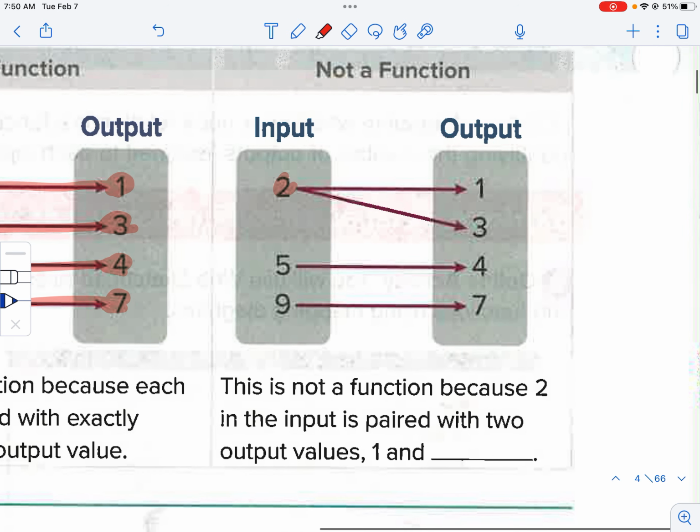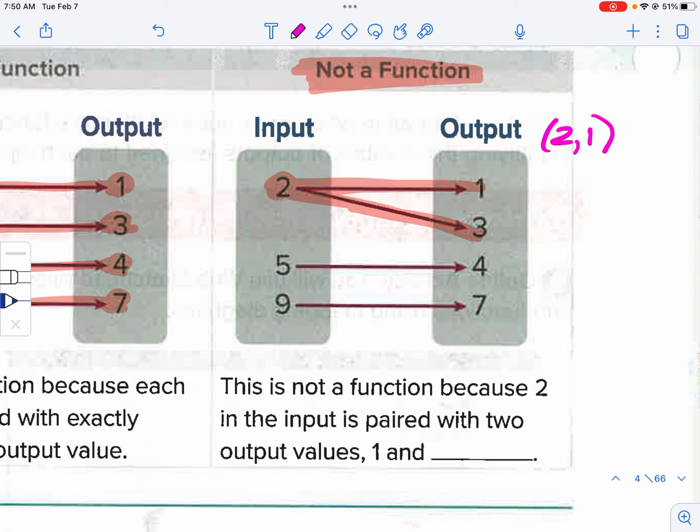Over here, 2 goes to 2 different things. The fact that it does that means it is not a function. The minute that a number that is one of the input values or the x values goes to 2 different outputs, it would not be a function. If I wrote this as an ordered pair, see how that 2 is repeated?